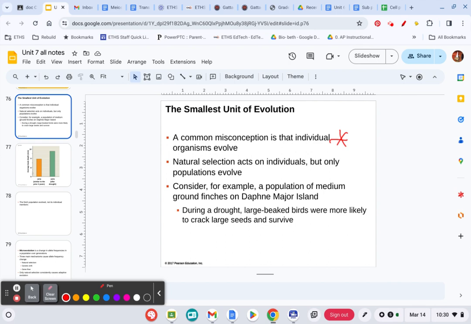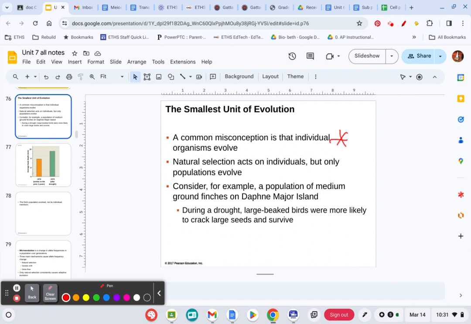For example, many years after Darwin and his adventures on the islands, two scientists in particular, I can't remember their names now, studied the Galapagos Islands, and they studied specifically ground finches on one of the islands called Daphne Major.